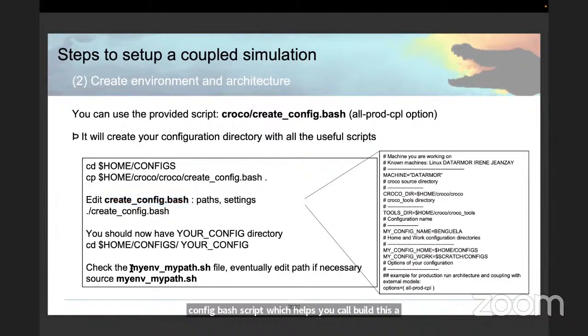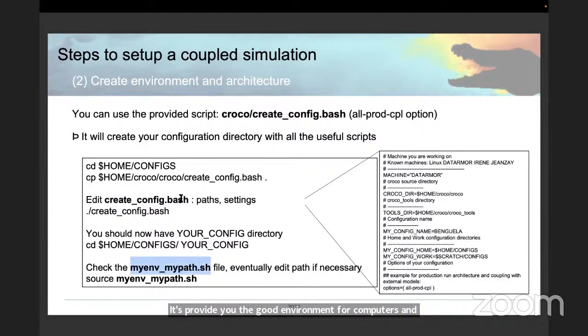And you have the script that I mentioned a bit earlier, which is my-of-my-path. This is important. You have to look at this script and check that it provides you the good environment for compilers and paths towards the data that you will use.